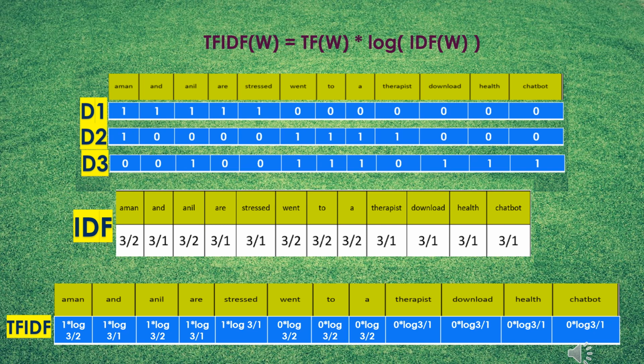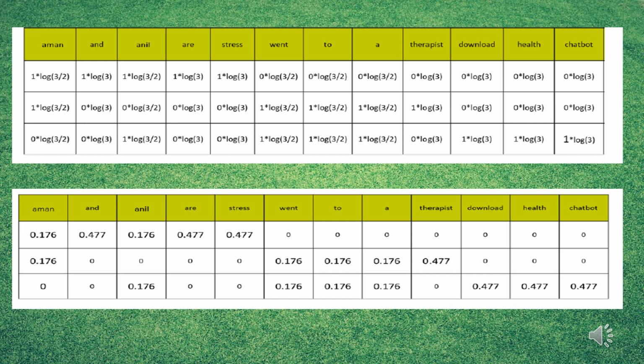And the TF of the word Anil in document 1 is 1 multiplied by the log of the IDF of Anil, which is 3 by 2, that is 1 into log 3 by 2. Like that, each and every TF of the word must be multiplied with the log of the IDF of the word.